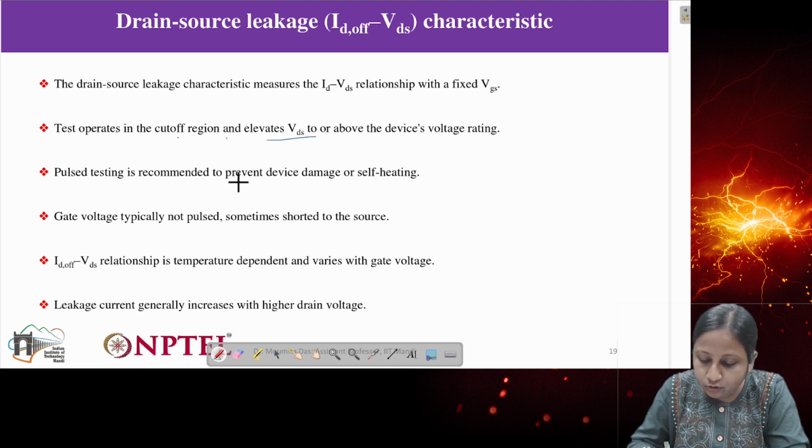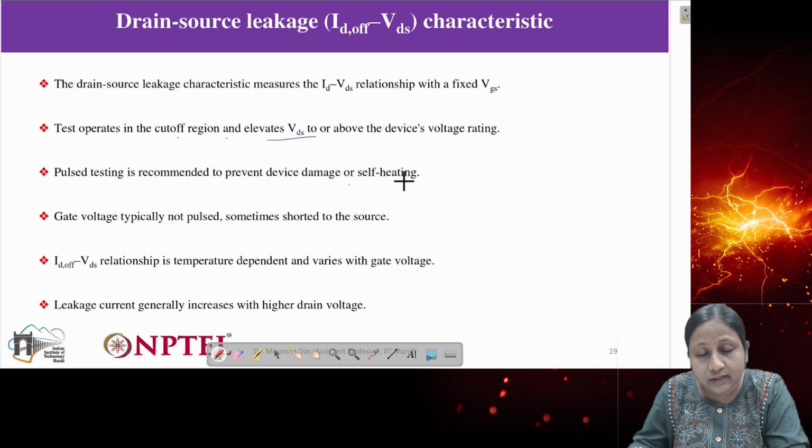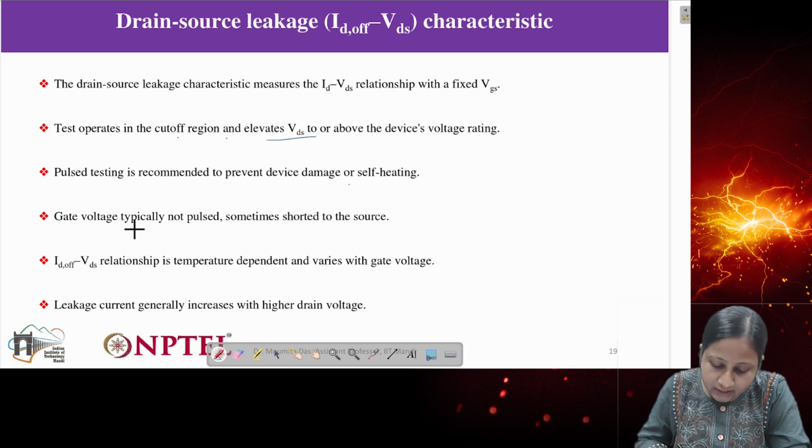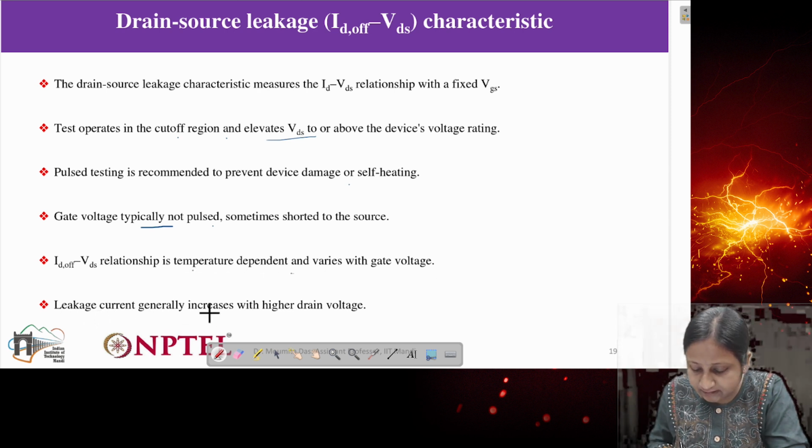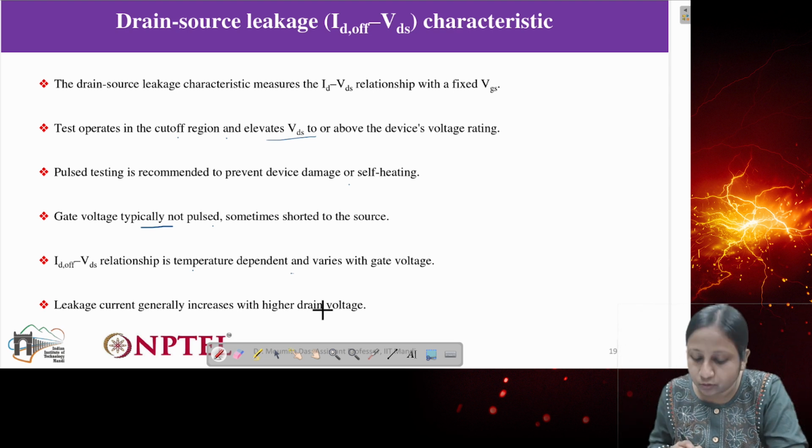Pulse testing is recommended to prevent device damage or self-heating, as it is the requirement for static characterization. Gate voltage is typically not pulsed, sometimes shorted to the source. So the ID of VDS relationship is temperature dependent and varies with gate voltage. And leakage current generally increases with higher drain voltage.